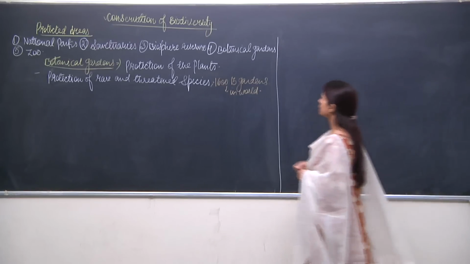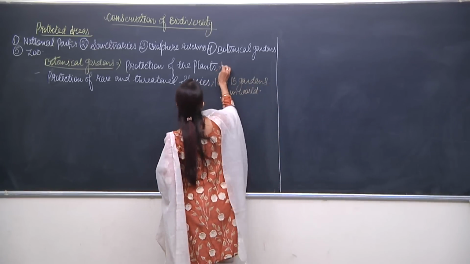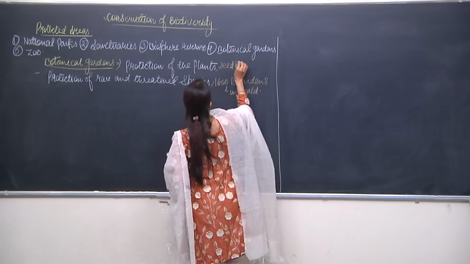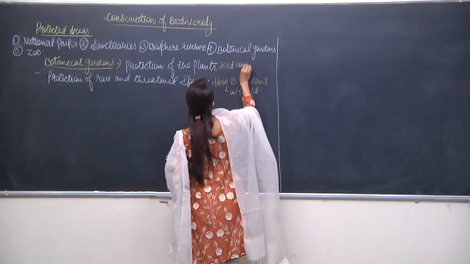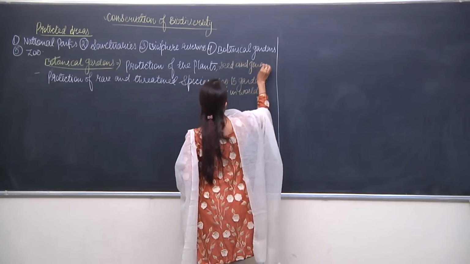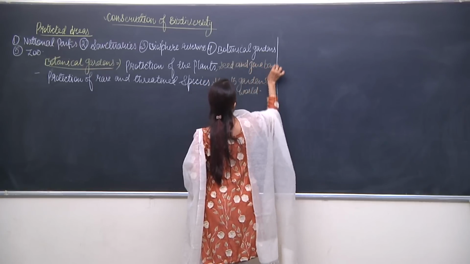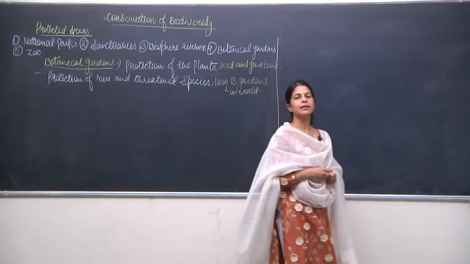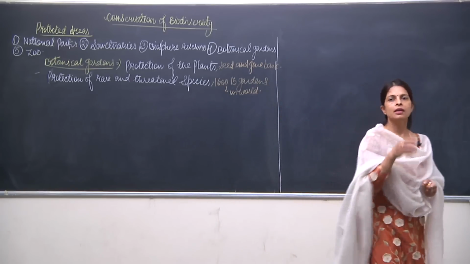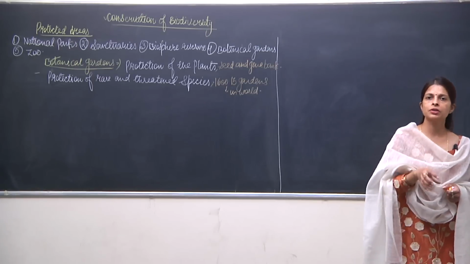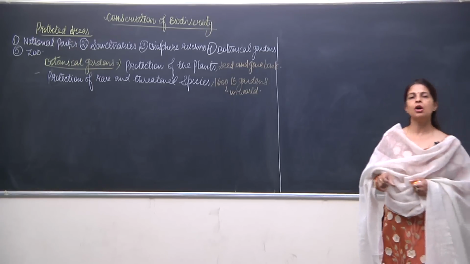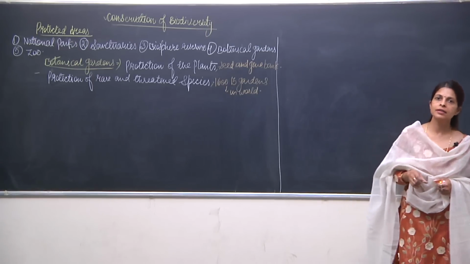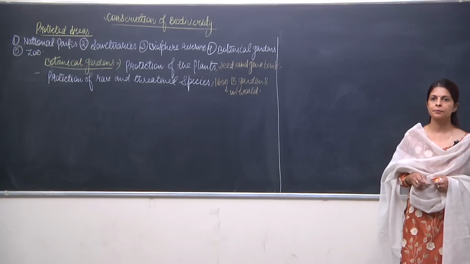And as we have discussed, we have seed banks and gene banks over here, and they are responsible for the preservation of seeds and genes of the rare and threatened species of plants.